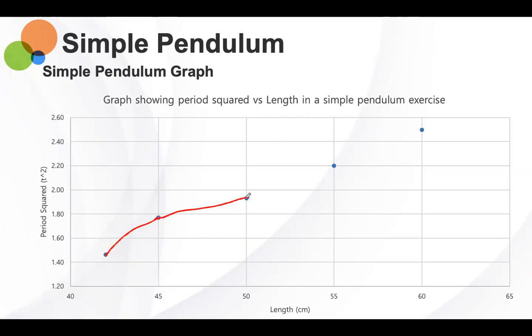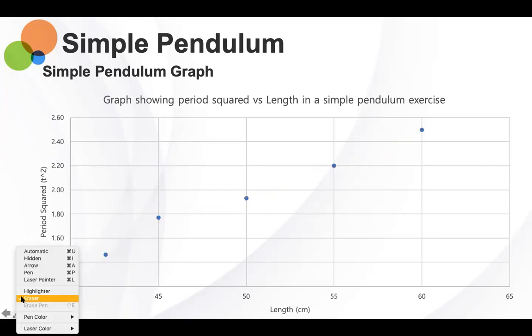That's not your best fit line. A best fit line is supposed to be a straight line. Not all the points will be connected to that particular line, but you want to get the majority of the points as close to the line as possible or on the line, as best as possible.